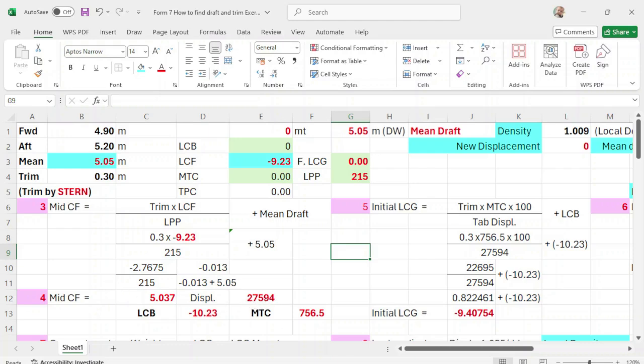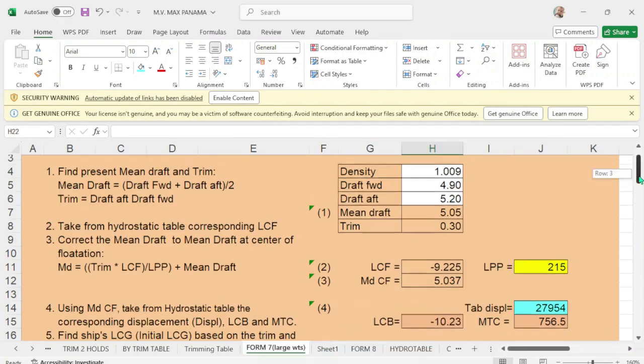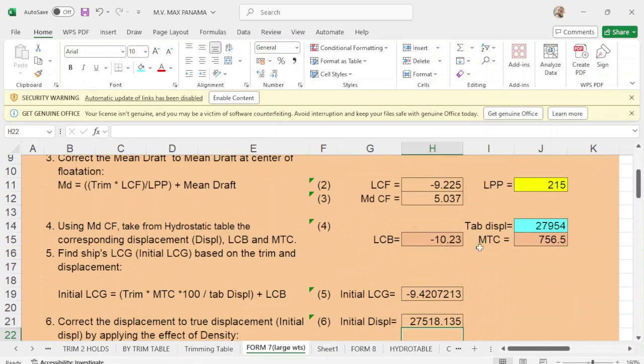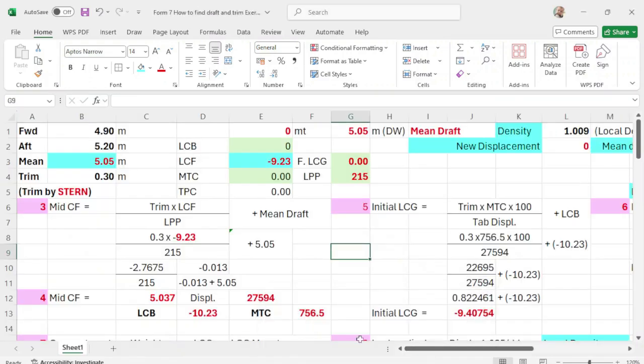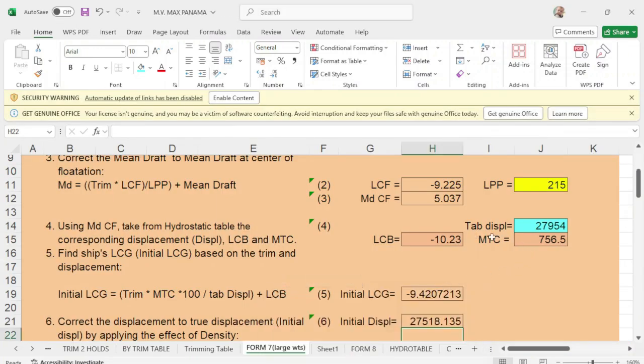Okay, so we check the program. Number 4, the displacement is 27594, and that draft will be 5.037. So we'll check.